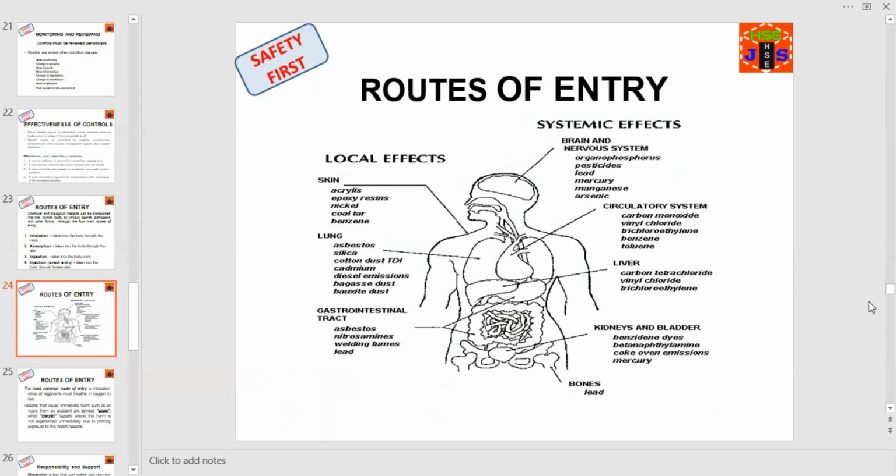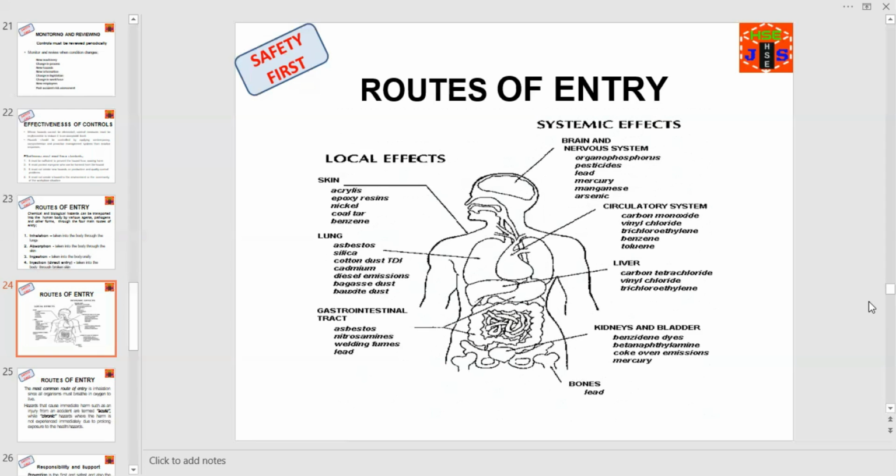Dear friends and fellows, you have to understand the biological and chemical hazards' impact on the brain and nervous system, circulatory system, liver, kidneys and bladder, bones, skin, gastrointestinal tract, and lungs.